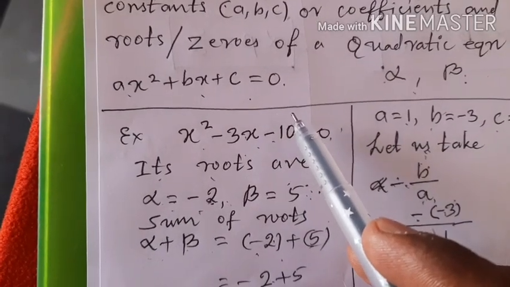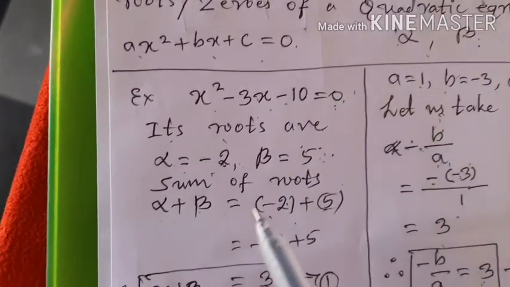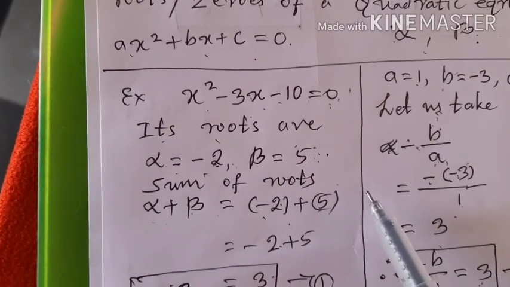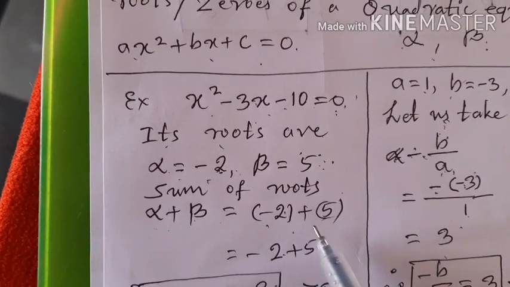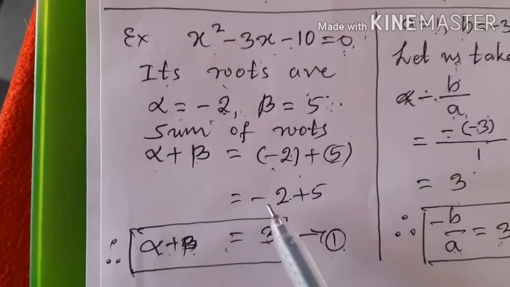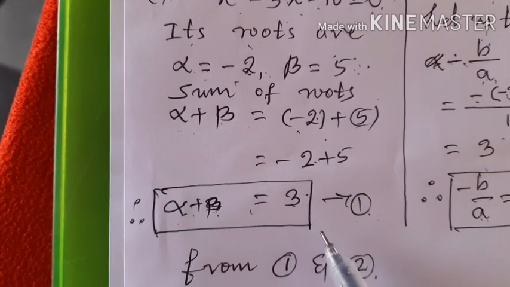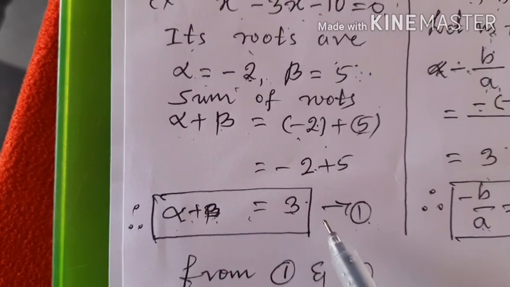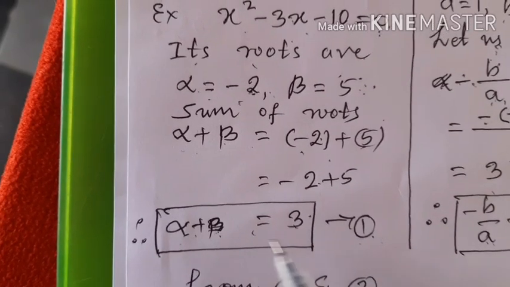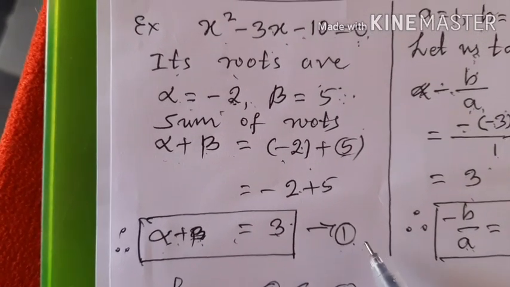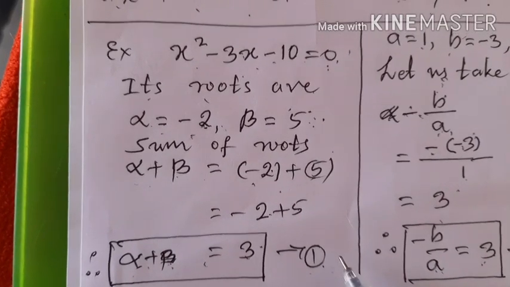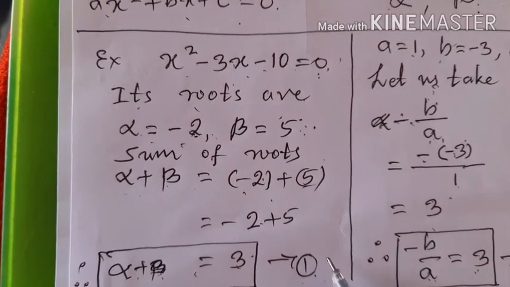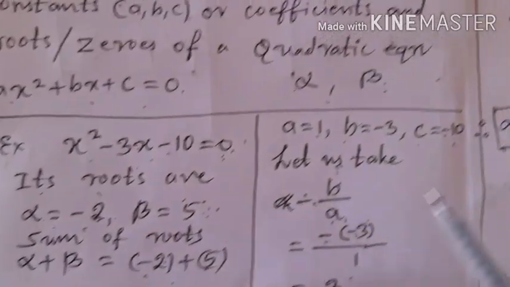Right? So let us find the sum of the roots first. That is alpha plus beta is equal to minus 2 plus 5. Right? Minus 2 plus 5 is 3. So children, alpha plus beta is equal to 3. That is sum of the roots is equal to 3. I call this equation as 1. But the same answer is got in terms of its constants. Let us see how.